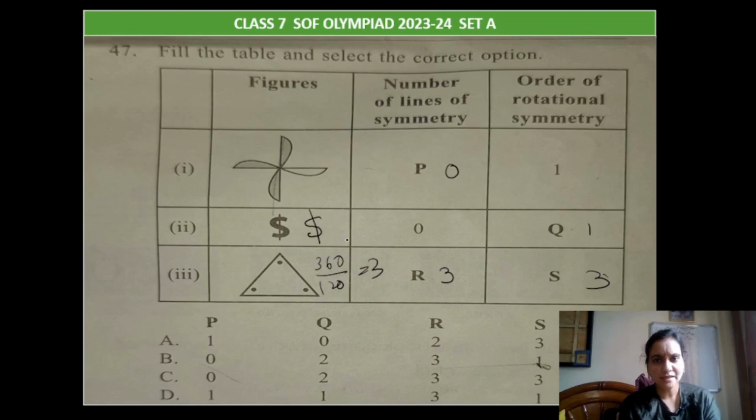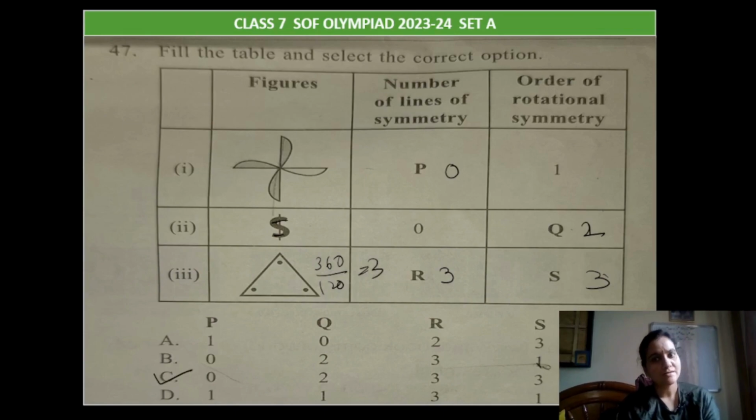So if we consider this part of the figure just the same as this part, then yes, after 180 degrees it will appear the same, and again after another 180-degree turn it will appear just the same. So there will be order 2 of rotational symmetry. So here it will become 2. This is slightly absurd to give here, but anyways, 0, 2, 3, 3, option is C.